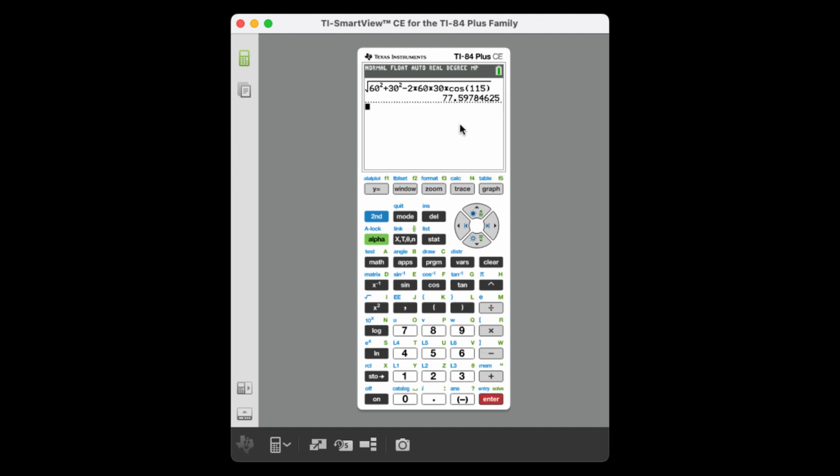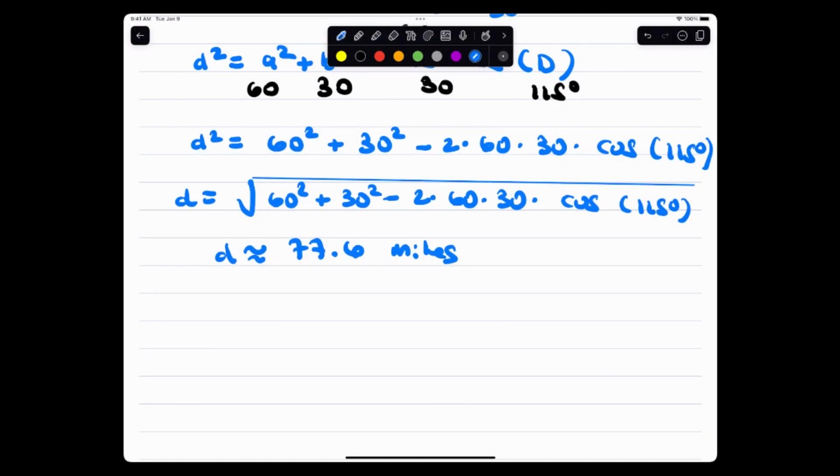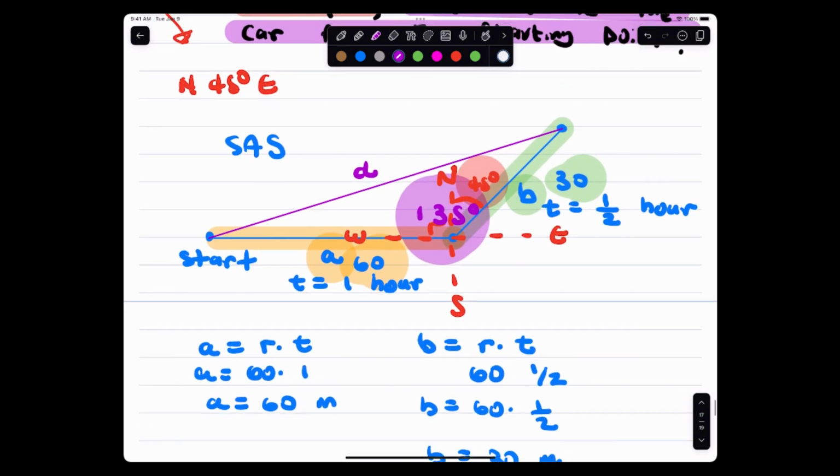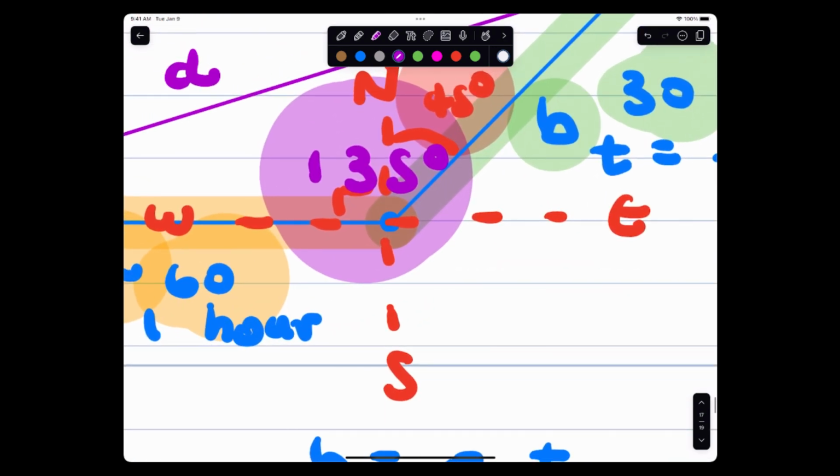Degrees. What is the distance? 77.6 what? Miles. Yes. Yeah.